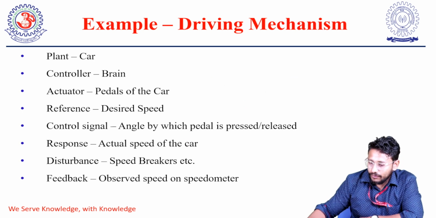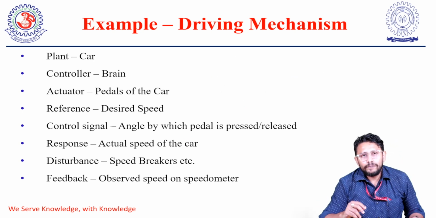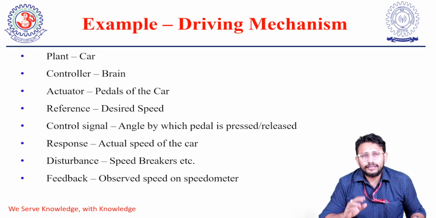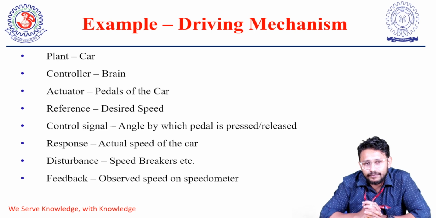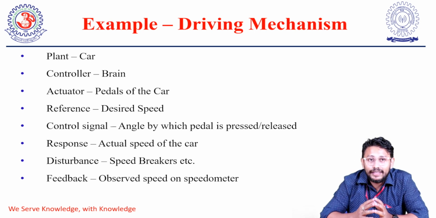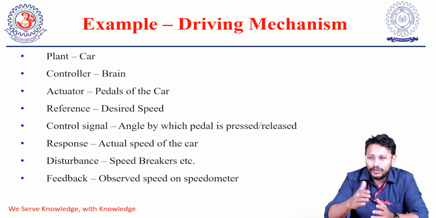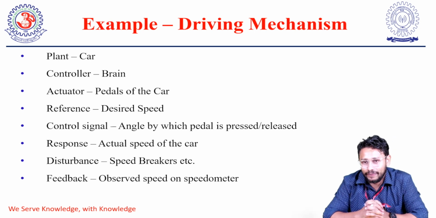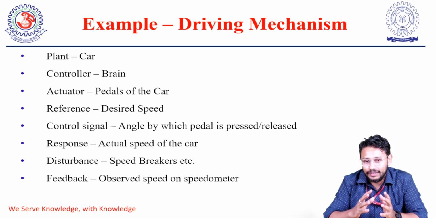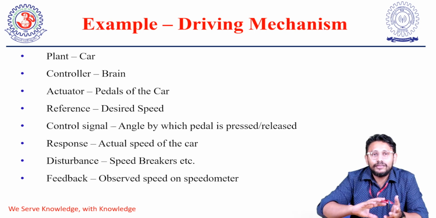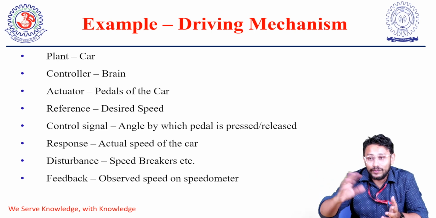For the example that we saw just now, the plant, or the system, here is the car, the controller is our brain, and the actuator is basically a switch which controls the input to the system or to the plant.